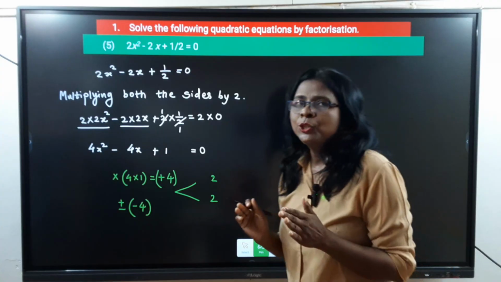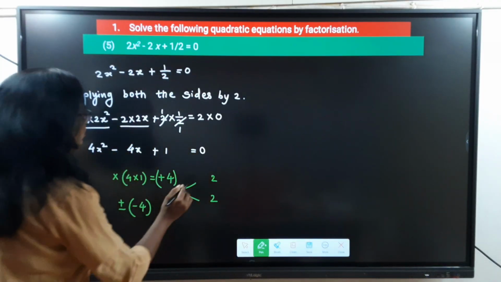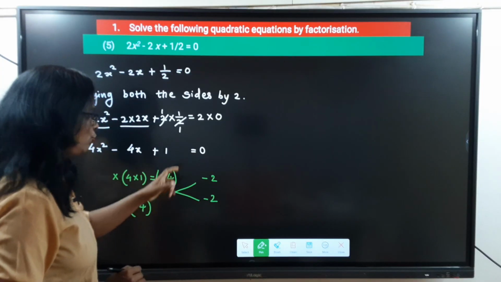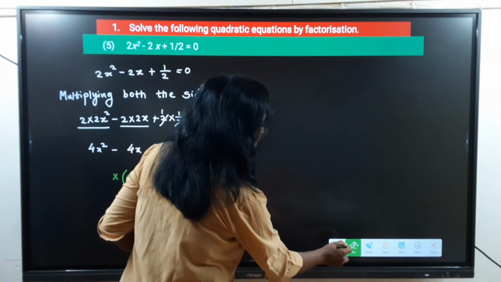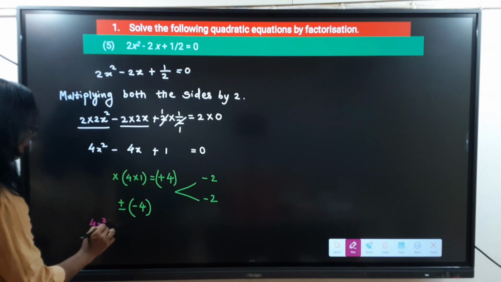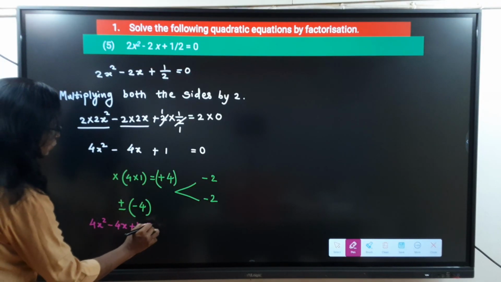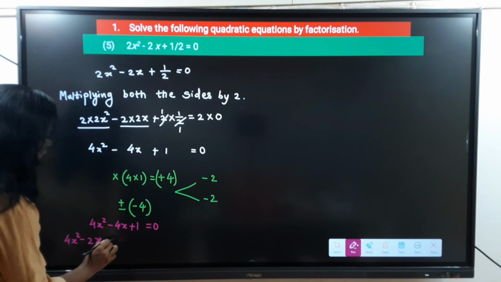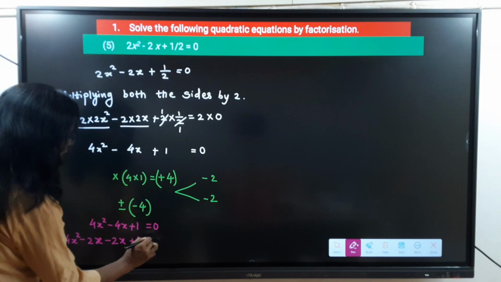Now the addition will be minus 4, so that means minus 2 minus 2, which is minus 4, and the product will be positive 4. So these are the proper numbers. Okay, so I write down 4x square minus 4x plus 1 is equal to 0. So 4x square, then minus 2x minus 2x plus 1 is equal to 0.